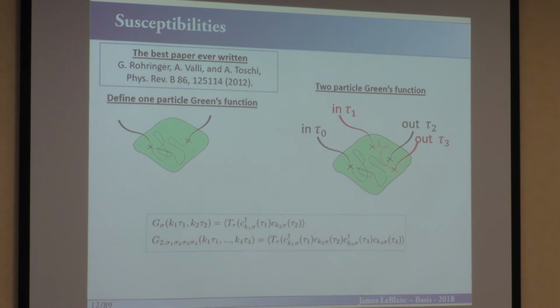I wanted to also talk about susceptibilities. In the top left corner, I've written that this is the best paper ever written. It's by a really nice guy named Georg Rohringer, and it was published in 2012, along with some Italians and a bunch of other people. And I say it's the best paper ever written because everything that I know about this content really comes from this paper.